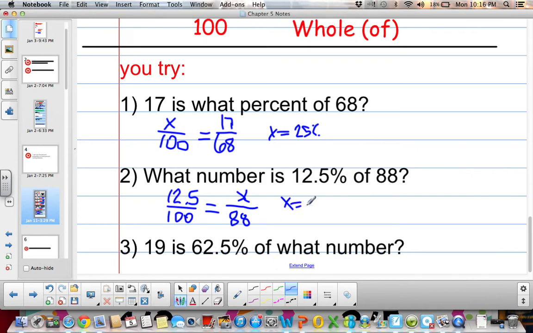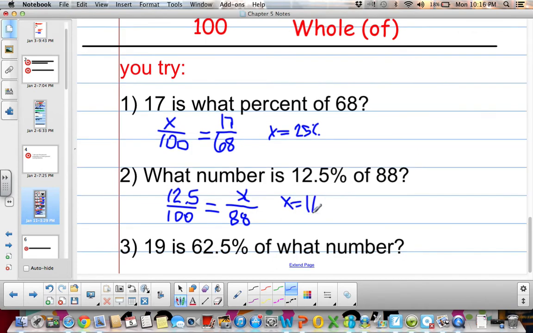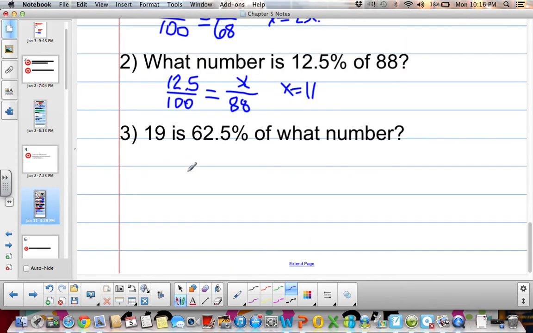X equals 11. And then 19 is 62.5% of what number? So we put in our percent, 62.5 over 100. And we're trying to figure out of what number, so our x is going to be on the bottom for our whole. 19 is our part.